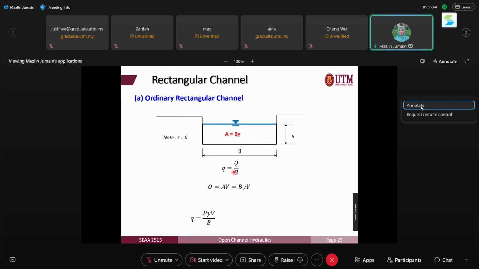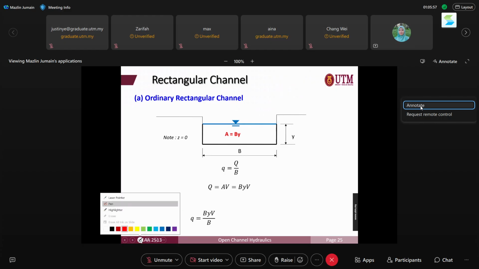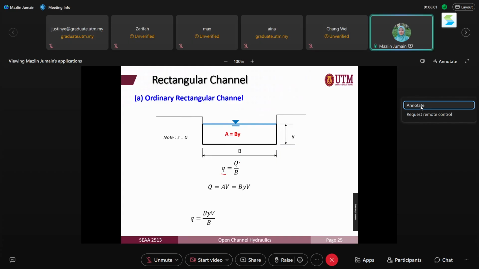And then as you can see here, we have Q. Here the small q we call a unit discharge, and capital Q is the flow rate, the discharge. B is the bottom width lah.